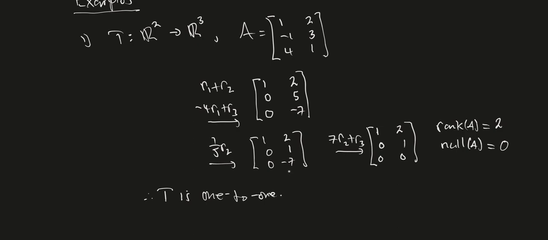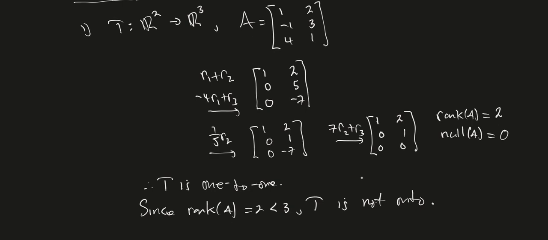But my codomain is R3. I only have 2 pivots, right? So I am missing a third pivot that would give me a basis for R3. So since the rank of A is equal to 2, which is less than 3, this transformation cannot possibly be onto. So T is not onto. And for that reason, it can't have an inverse.